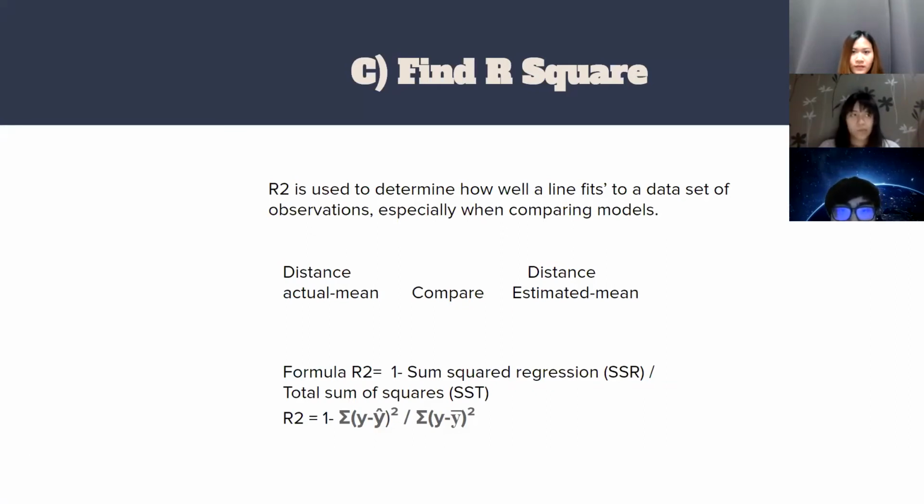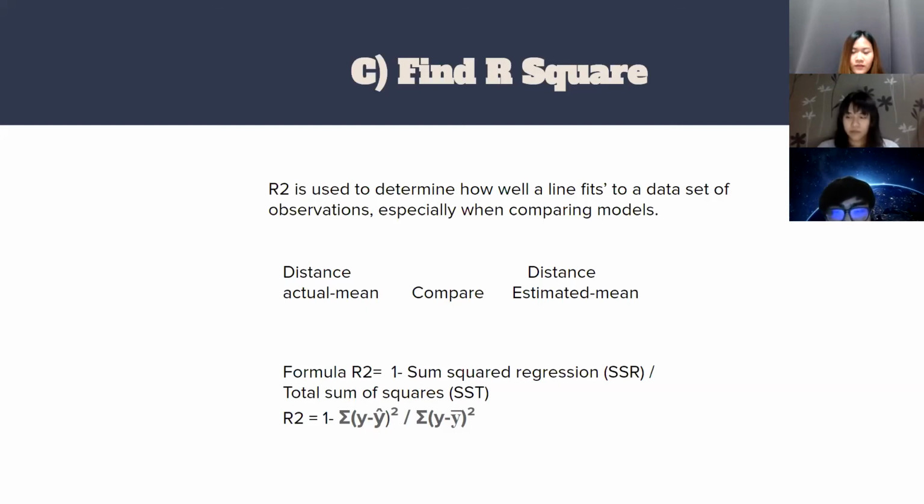This will explain more: the R square comes from the distance from the actual data to the mean, compared with the distance from the estimated data that you make to the mean. So this is the formula of the R square.